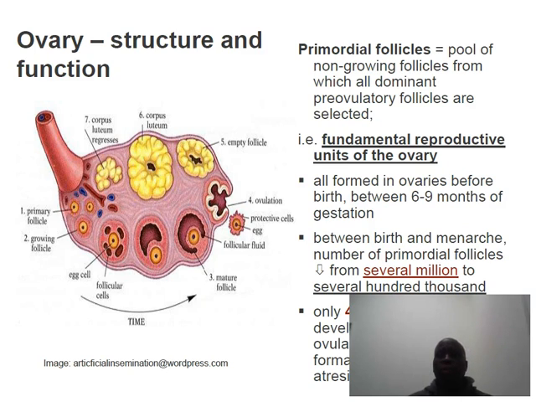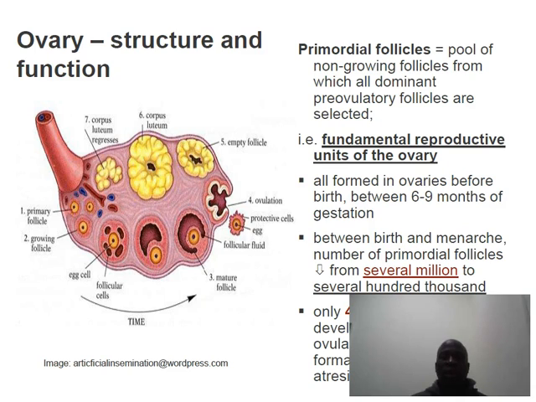So, we have the primordial follicles. Each ovary has what we call primordial follicles, meaning primary follicles that are predetermined in any female baby prior to birth. These are permanently established.